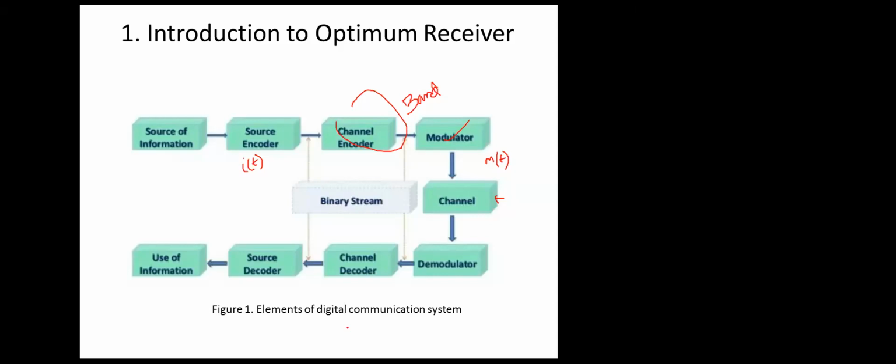And what else could be the channel? Ma'am, air is the medium, air is the channel. Okay, I agree. And what else? Optical fibers could be the channel or the path to transmit the message signal.